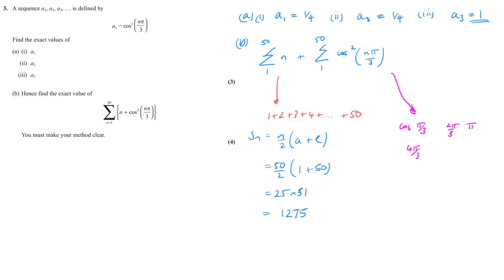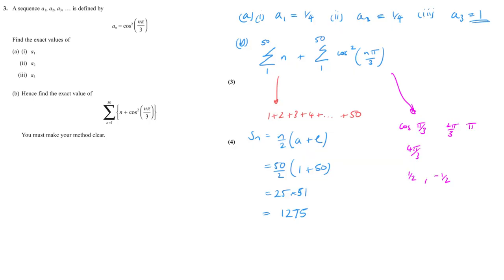If we think of these, they're going to keep on going. Cos of pi by 3 is 1/2. Cos of 2 pi by 3 was minus 1/2, and cos of pi was minus 1.